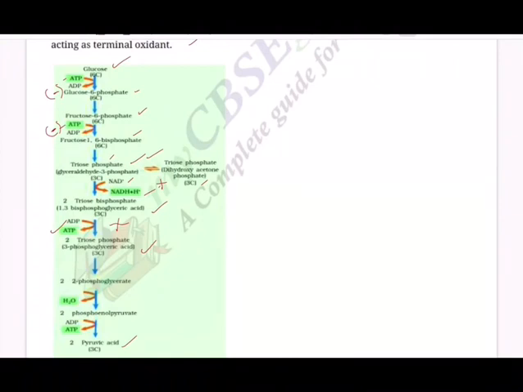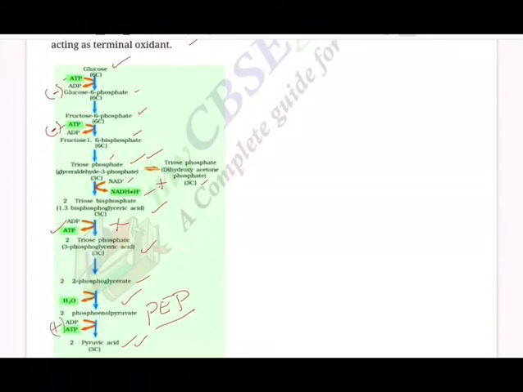And 3-phosphoglyceric acid is becoming 2-phosphoglycerate or 2-phosphoglyceric acid. 2-phosphoglyceric acid eliminating water becomes phosphoenol pyruvate, we say PEP. And the PEP becomes pyruvic acid or pyruvate, which is 3-carbon.